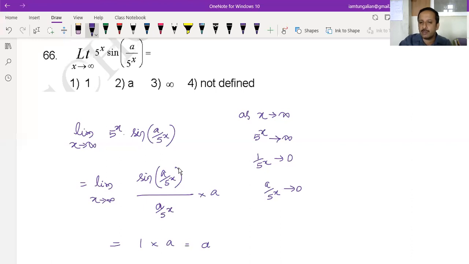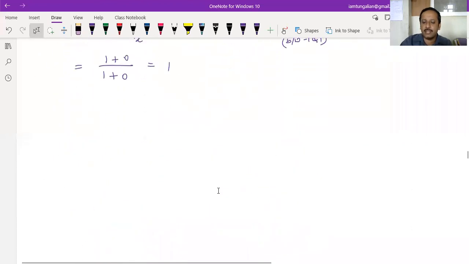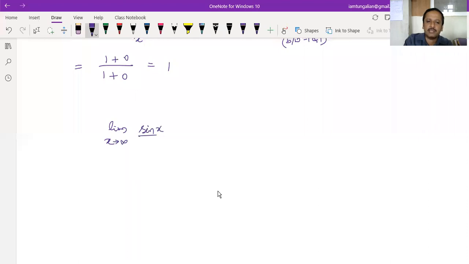Note the difference between the previous problem and this problem. Earlier I told you limit x tends to infinity, sin x by x is equal to 0. It is true. Now I am saying that limit x tends to infinity, sin(1 by x) divided by 1 by x is equal to 1, because when x approaches infinity, 1 by x will approach 0.